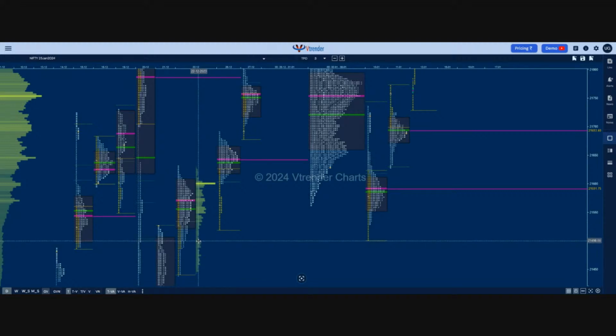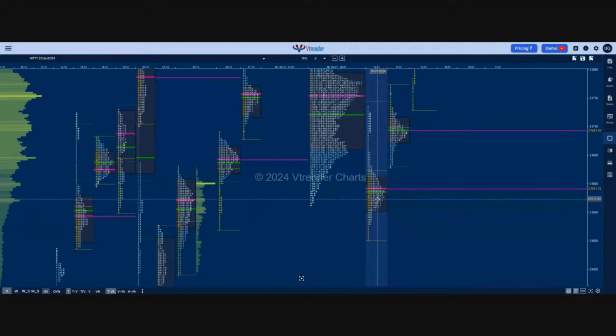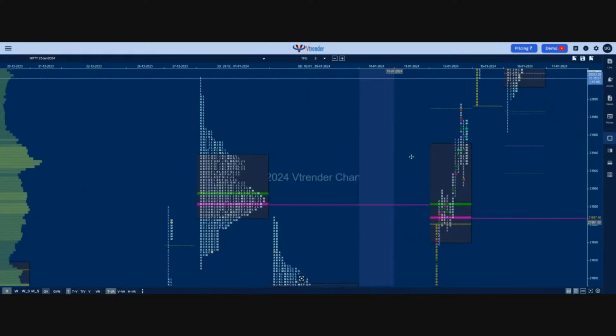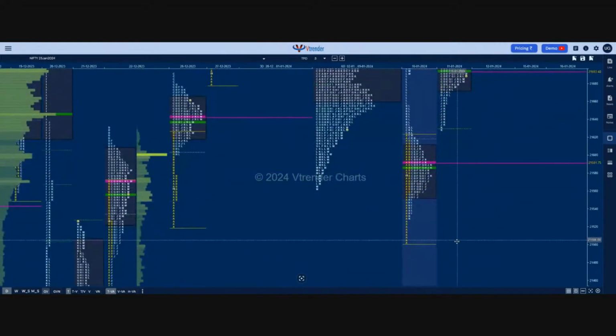So we had an FA on 22nd of December at 21,440. So the 21,501 was an important reference from that day, which we had carried forward, and we made a low right at that point. After which we got a period buying tail, which was telling us that the auction is now reversing to the upside.